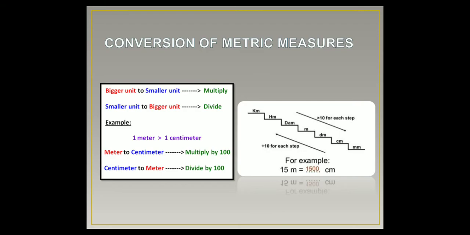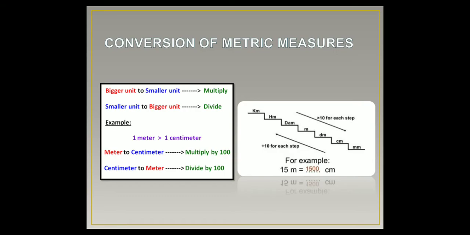First you need to see which is the larger unit. Here meter is larger and centimeter is smaller. So I'm converting from larger to smaller, and I need to multiply. So first you need to find whether you need to multiply or divide. That is the first step. Second step, how many tens should I multiply? From meter to centimeter, leave the meter, don't count meter.